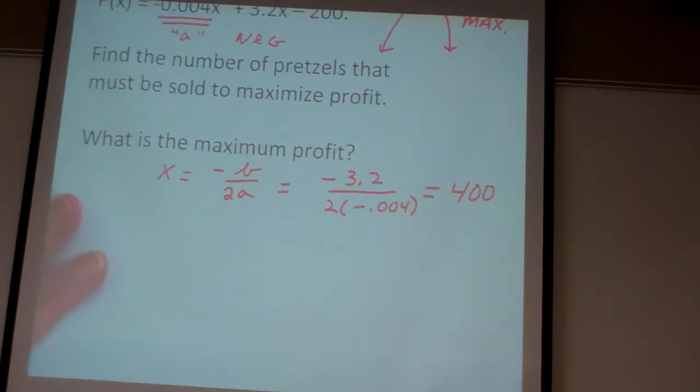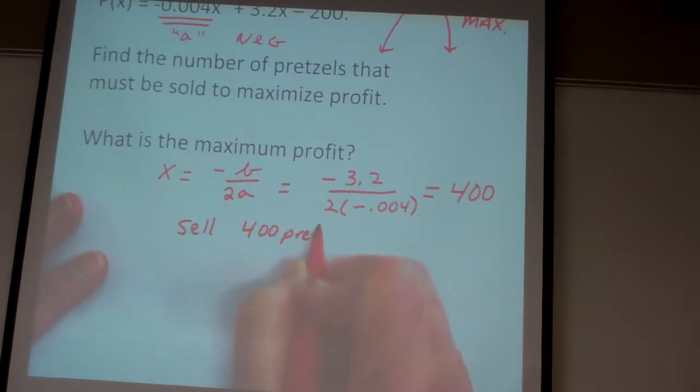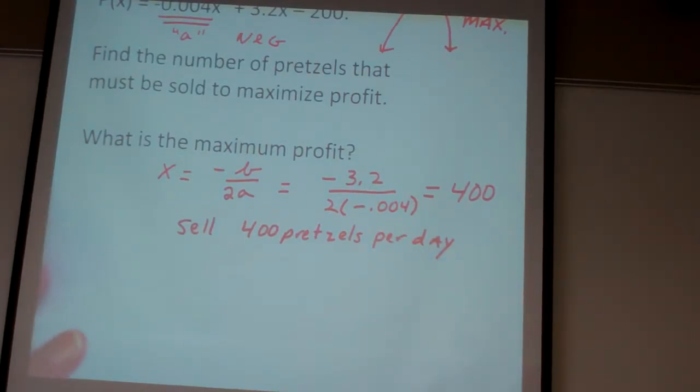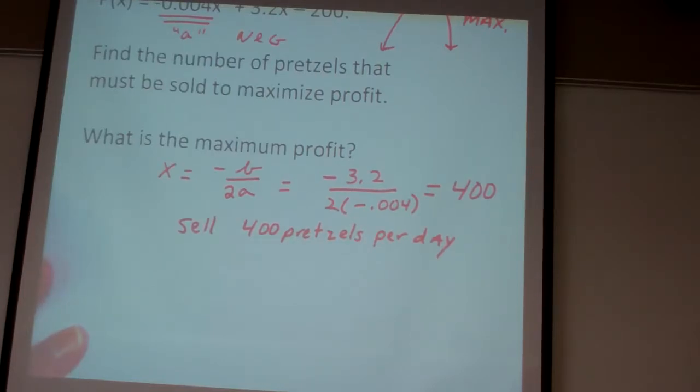So if we sell 400 pretzels a day, we will maximize profit. What is our maximum profit? Well, we need to use our x value of 400 in our profit function.